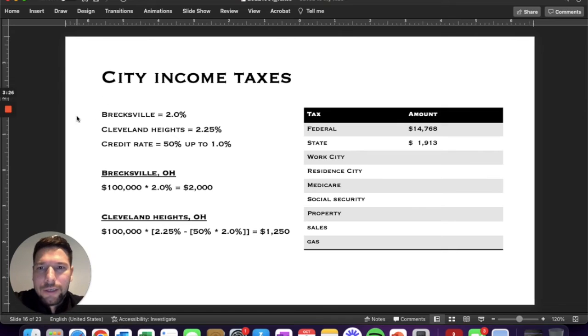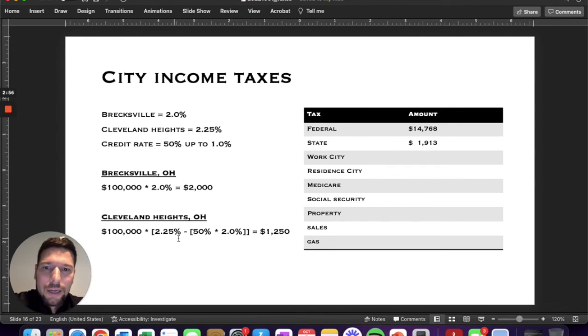For city income taxes, Brecksville has an income tax rate of 2%. Cleveland Heights has a tax rate of 2.25%. And Cleveland Heights also will give you a 50% credit rate up to 1% of what you're paying in your work city. So showing that calculated out, Brecksville would just be 2% flat of that $100,000. Brecksville does not give you the standard deduction like you would get for your federal and the state level. So that's going to be $2,000, easy calculation there.